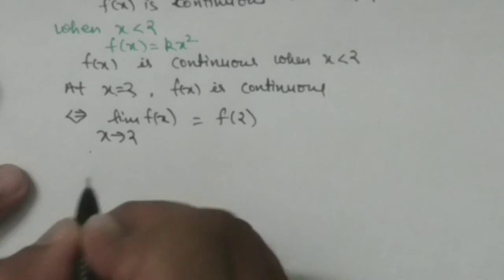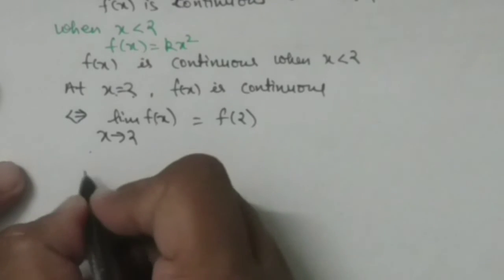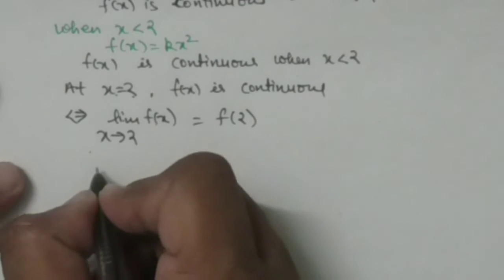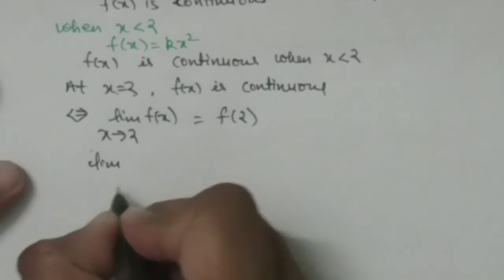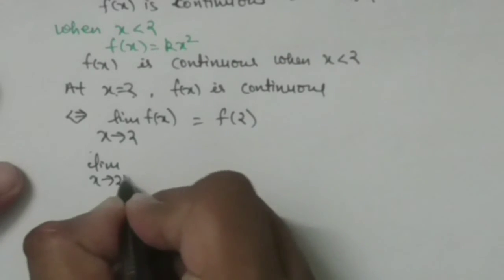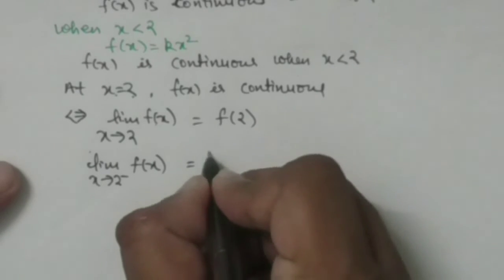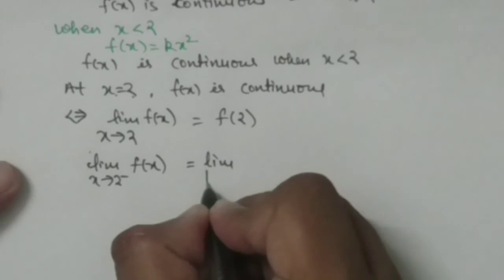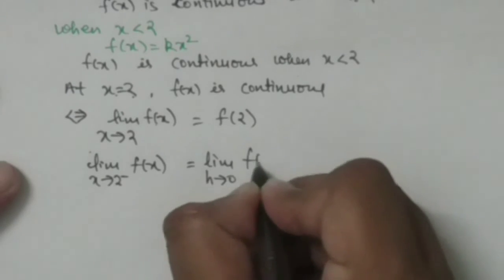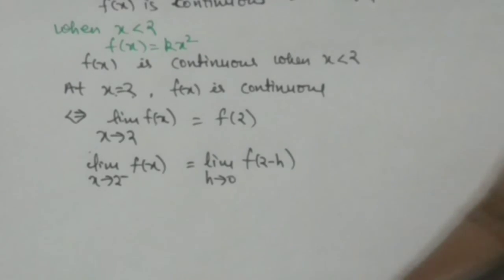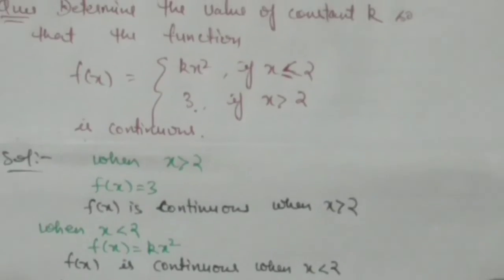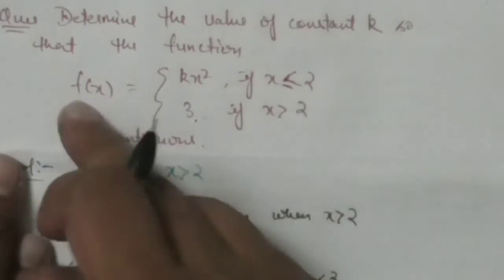So see, first of all see its left hand limit. Limit x tends to 2 minus f(x) is equal to limit h tends to 0 f(2 minus h). So when x is less than 2, f(x) is equal to kx square.